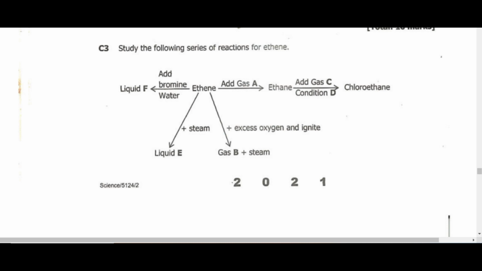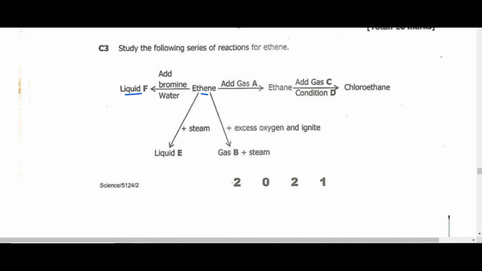When you look at it very closely and carefully, you'd find that ethene is the main one, meaning everything is coming from ethene. Then you'd find that we have liquid F, which was produced after bromine was added to this reaction. And then the other one, it is added gas A, and then ethane was produced.